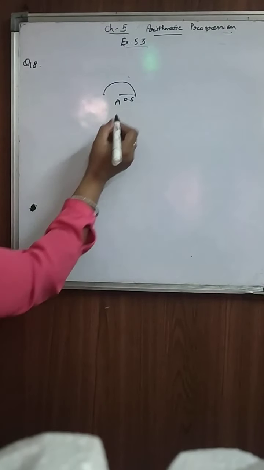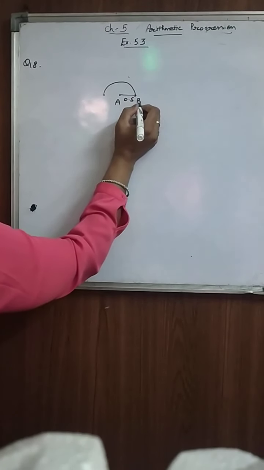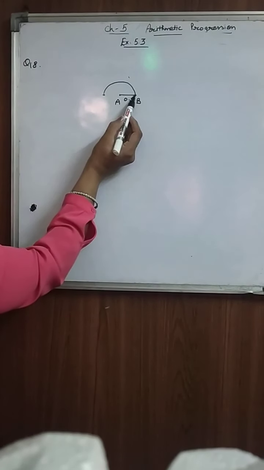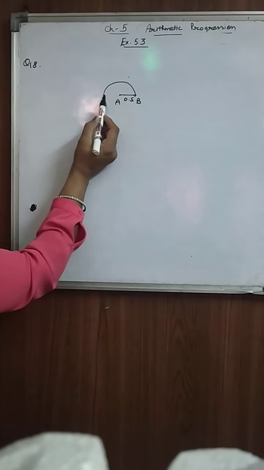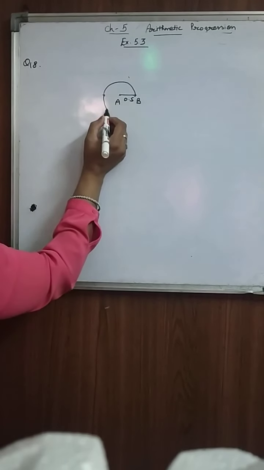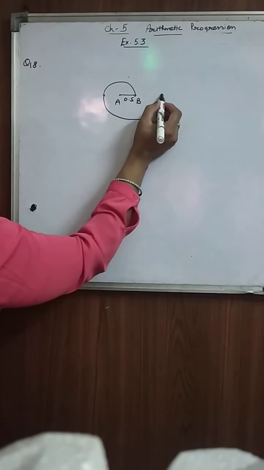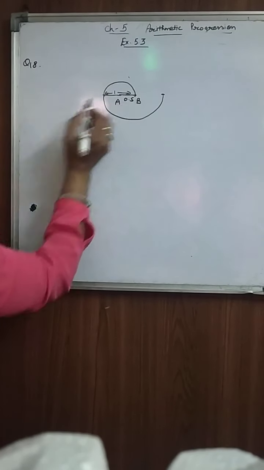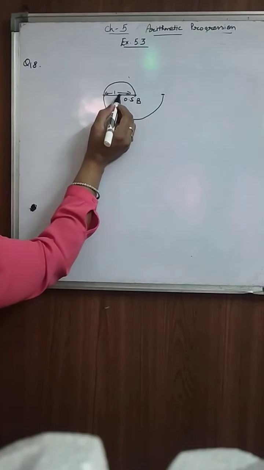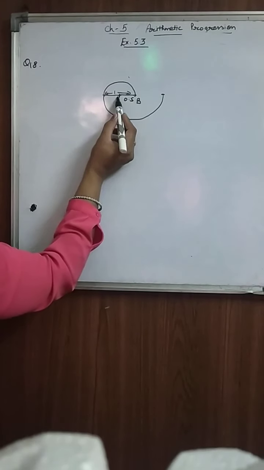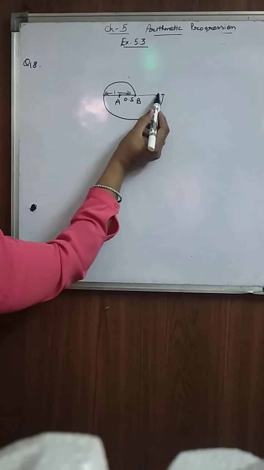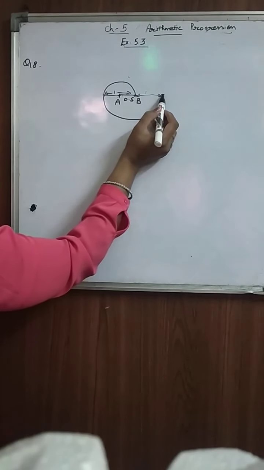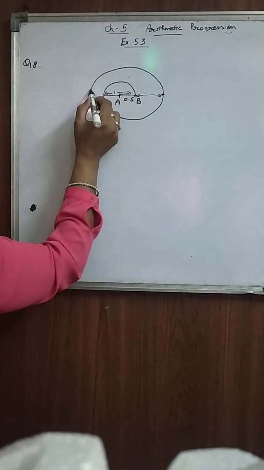Then he is saying take this point as B. Open your compass now 1 centimeter, 0.5 here and 0.5 here. Open your compass 1 centimeter and draw one more semicircle like this. So obviously it will be now 1 centimeter. Then he is saying keep your compass again on A. Open it 1.5, 1 centimeter is here and 0.5 here, and draw one more semicircle.